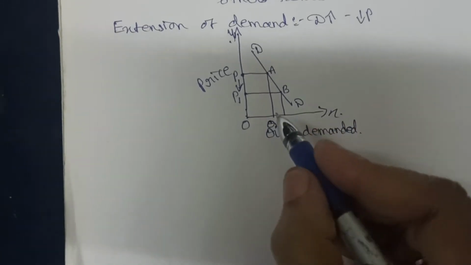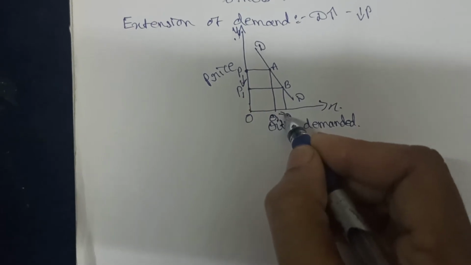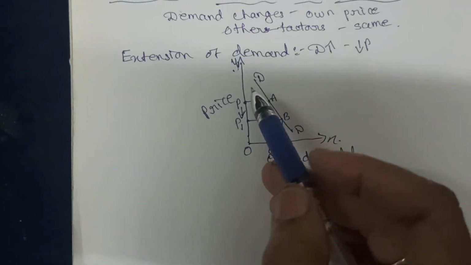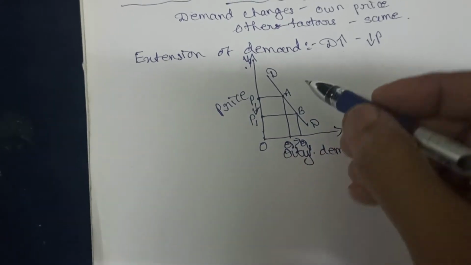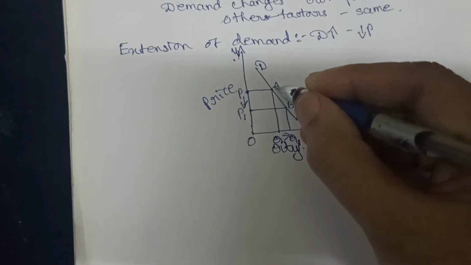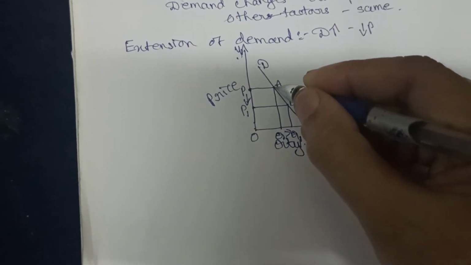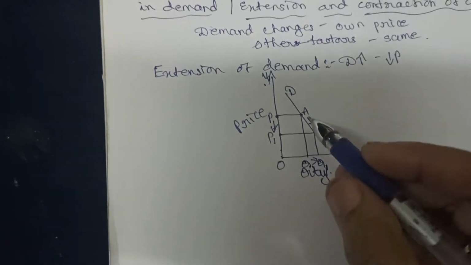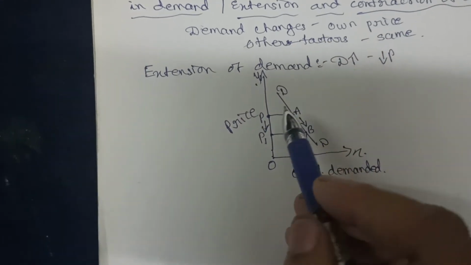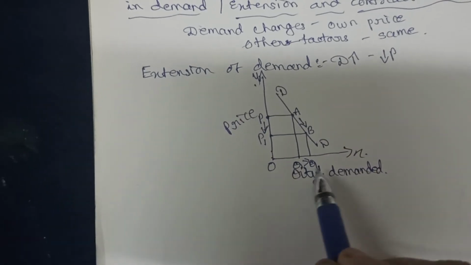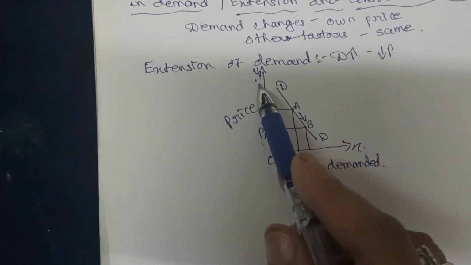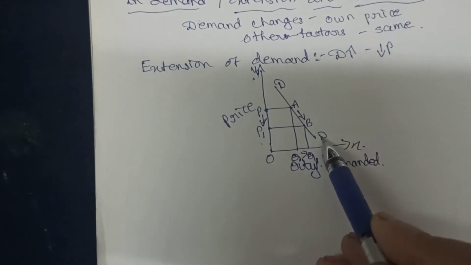Quantity demanded is OQ1. So there is an increase in the quantity demanded due to fall in price, and that is called extension of demand. So the movement is from point A to B, from left to right, or a downward movement, and that is called extension of demand. You have to explain it. Quantity demanded is shown on the x-axis and price on the y-axis. DD is the demand curve.